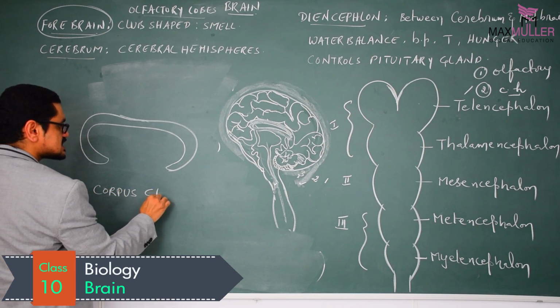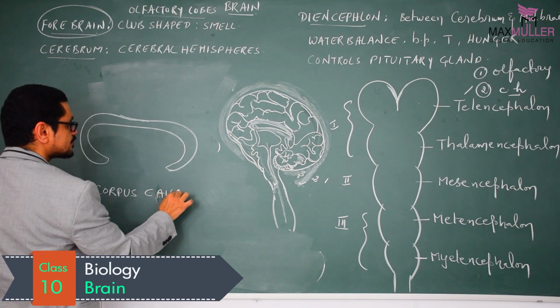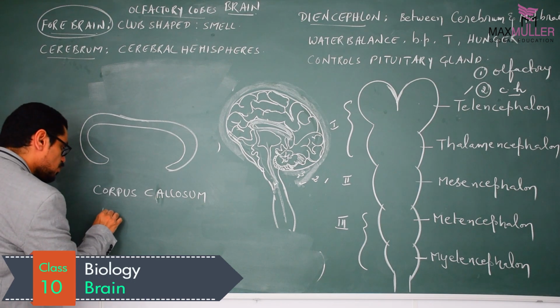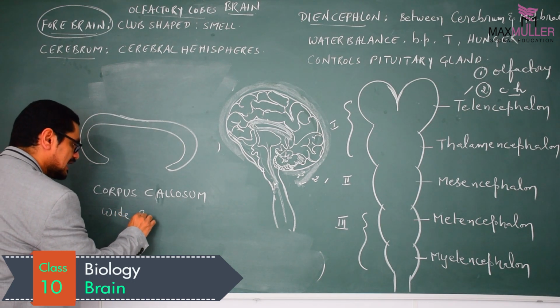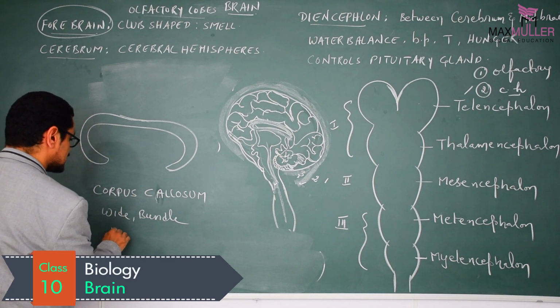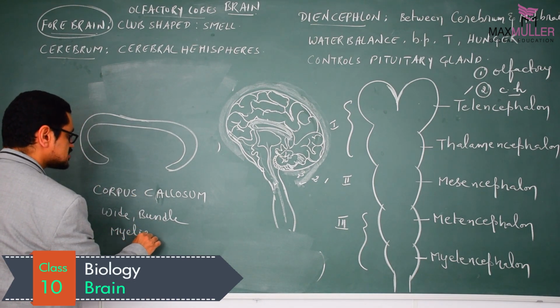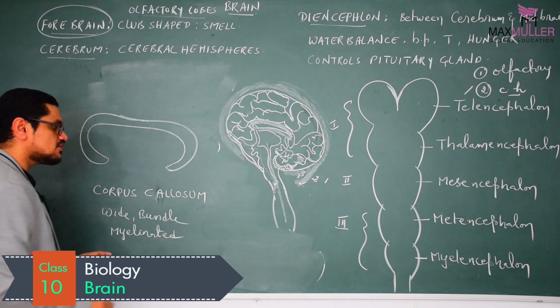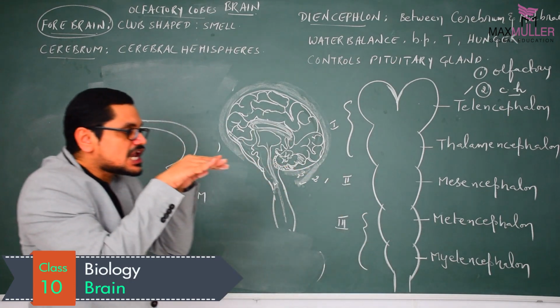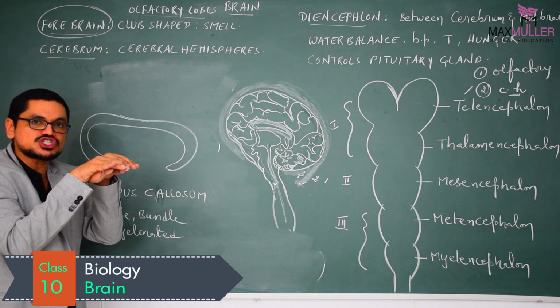So Corpus Callosum is a wide bundle of myelinated nerve fibers. A wide bundle of myelinated nerve fibers connects the right and left parts of the two cerebral hemispheres.